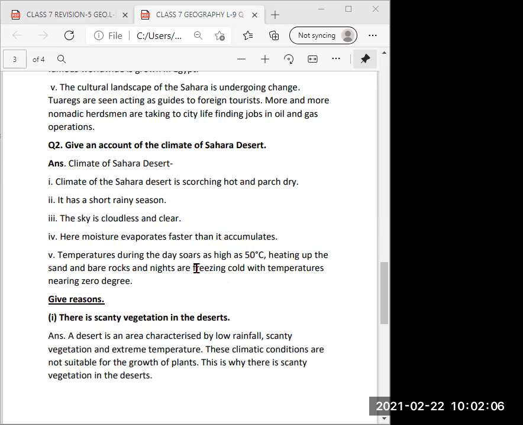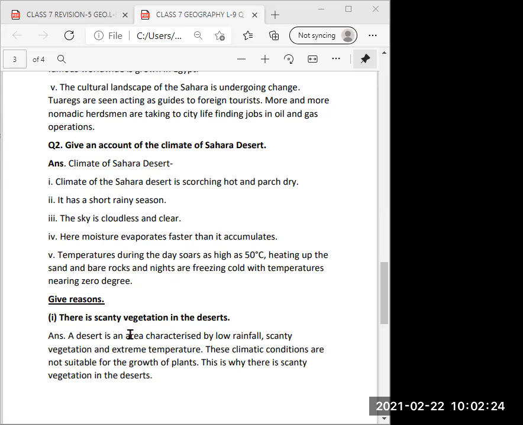Then temperature during the day soars as high as 50 degrees Celsius. Here when it reaches 40 degrees Celsius it is hot; here also 40 to 45 is common.